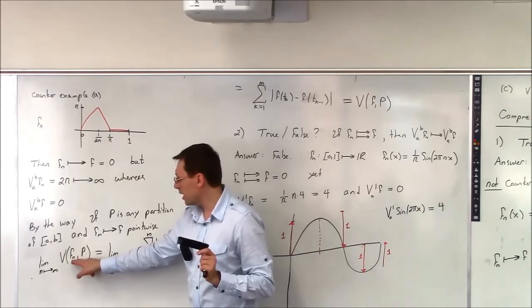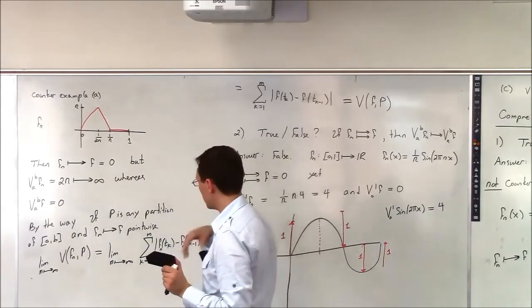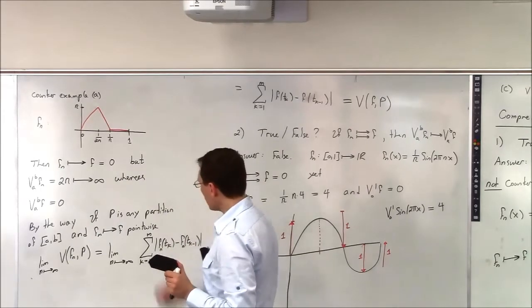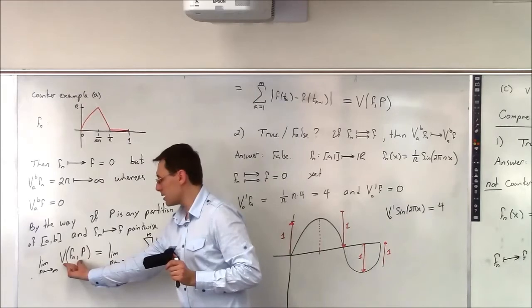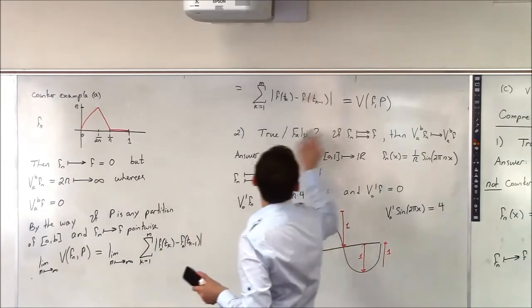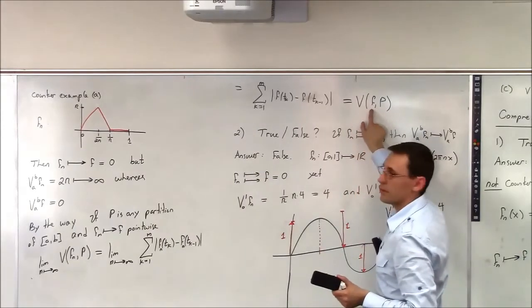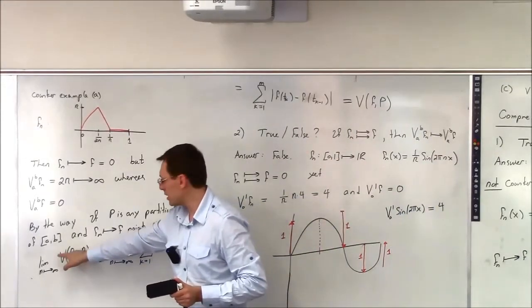What happens here? You see, this is some approximation to the variation of Fn. This is the approximation to the variation of F. Now, as soon as you switch n, you need a different approximation.